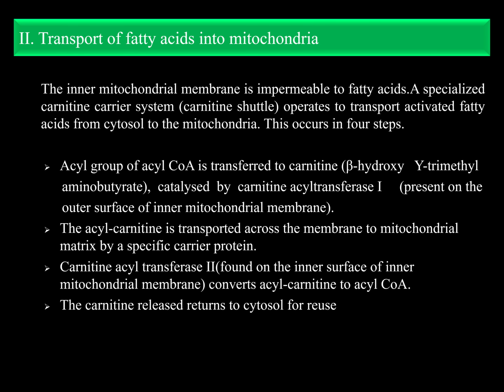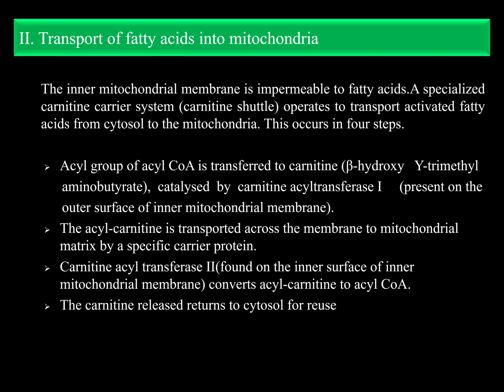This slide explains an important point. The inner mitochondrial membrane is impermeable to fatty acyl-CoA. That means fatty acids cannot cross into the mitochondrial matrix seamlessly. So the body uses carnitine as a carrier.